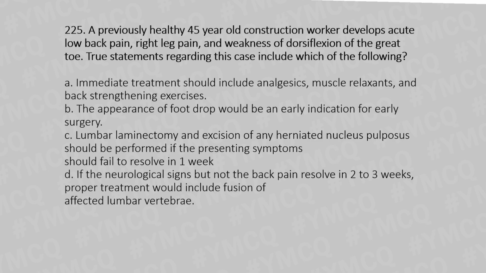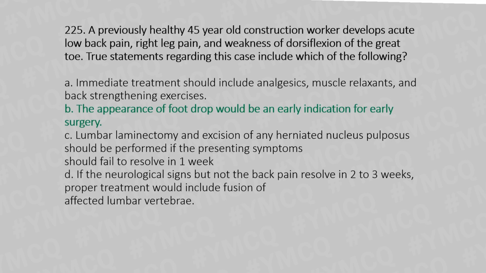Option C, lumbar laminectomy and excision of herniated nucleus pulposus should be performed if presenting symptoms fail to resolve in 1 week. Option D, if the neurological signs but not the back pain resolve in 2 or 3 weeks, proper treatment would include fusion of the affected lumbar vertebra. And the answer is option B, the appearance of the foot drop would be an early indication of early surgery.